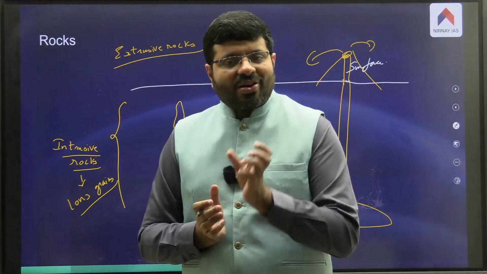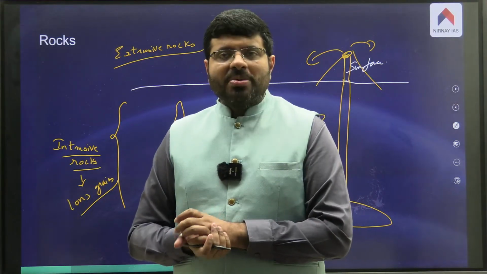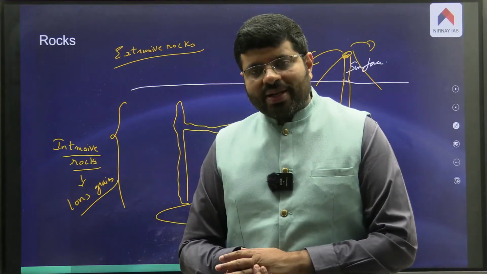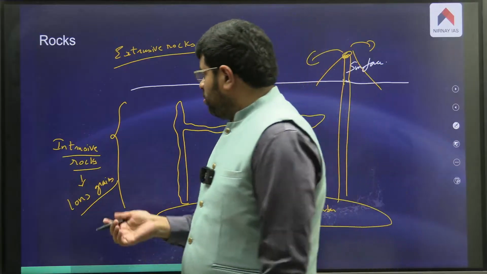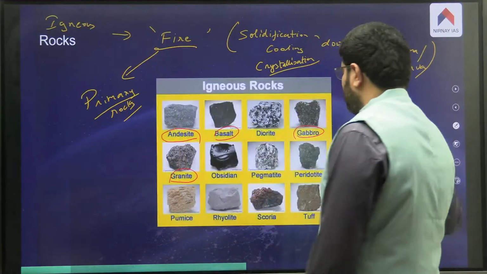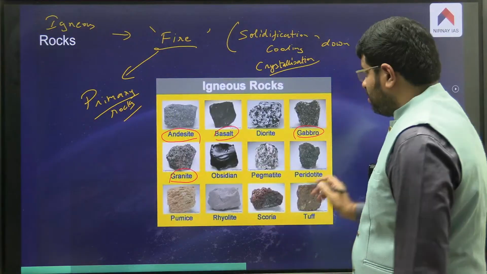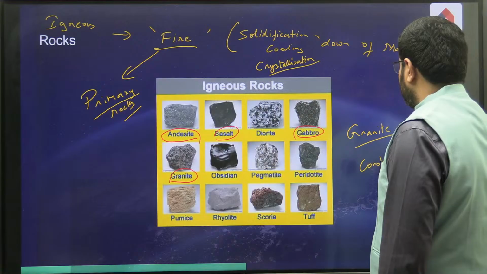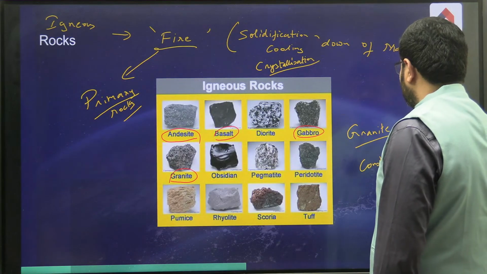We use the word rock solid, no? What do you mean by rock solid? Difficult to erode, difficult to break down. So one such rock is granitic rock. That's why we use granite in the construction industry.